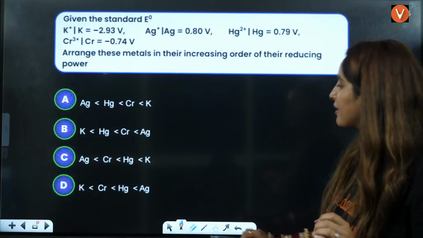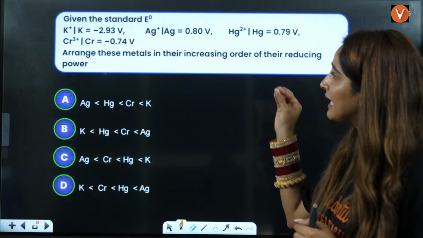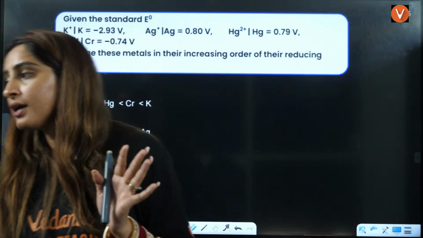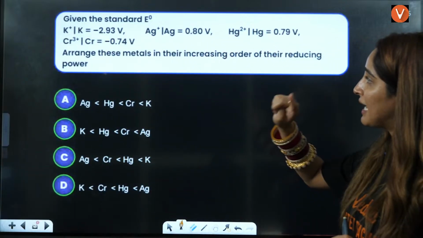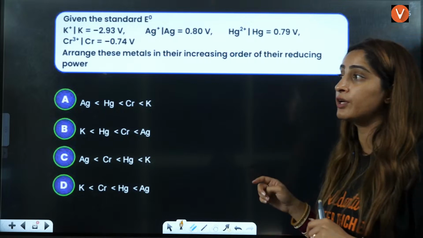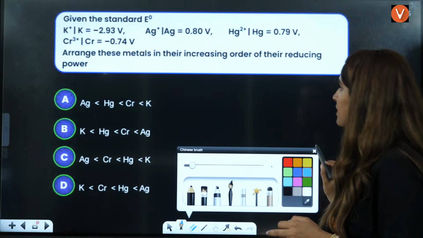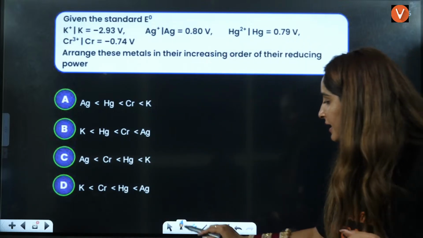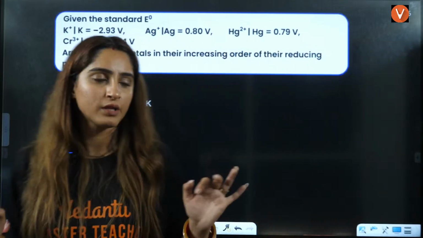Given the standard E0 values, these are the 4 values given to us. This is also a very important question. Arrange these metals in increasing order of their reducing power. So if you talk about the reducing power, that would be inversely or directly. Simple thing I'll tell you.